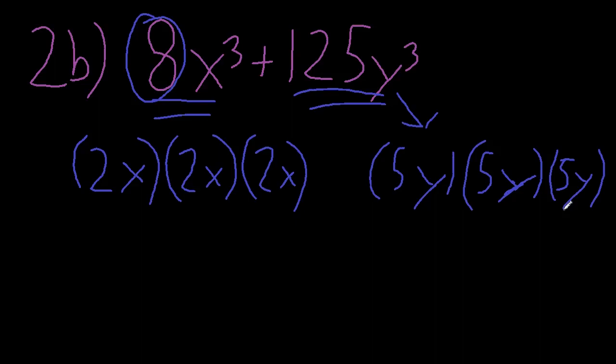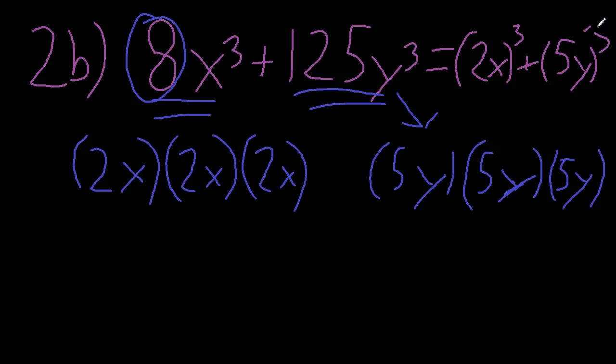So then that means I can rewrite this as 2x cubed plus 5y cubed. Oops, that's cubed. So then that means that this is my a term, this is my b term.